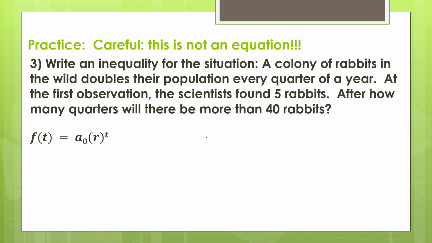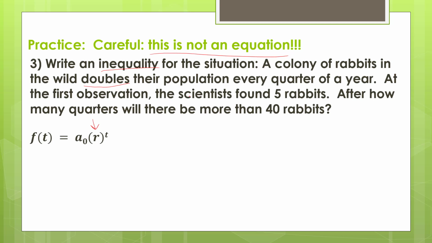Number 3, write an inequality for the situation. Notice we've got a couple of cautions going on in this one. Inequality, inequality. A colony of rabbits in the wild doubles their population every year. Well, doubles. What does that mean? It means we're using our basic formula because we are not given a percent of increase or decrease.